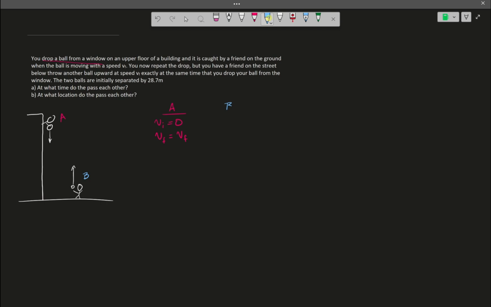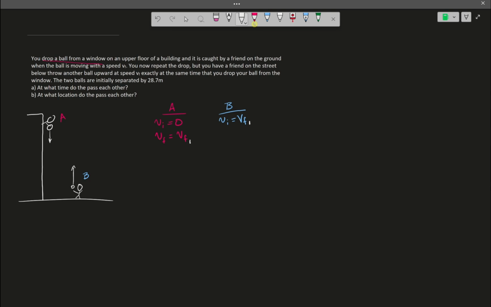Then for ball B, I know that its initial velocity is going to be VF, where this VF and this VF are the same. So I'm actually going to put a little subscript, VF1, so that I know that these are going to be the same value.